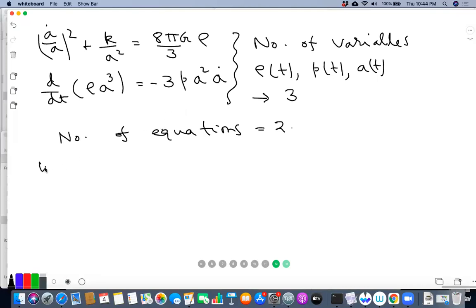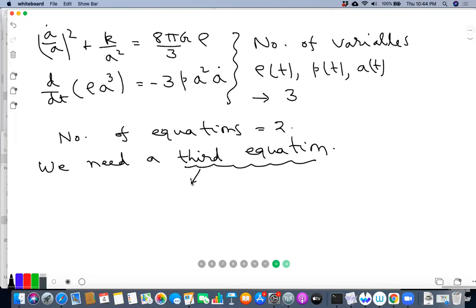So we need a third equation. And this is where the interpretation of P as the pressure becomes important, because this third equation comes from what is called the equation of state, that relates P to rho.